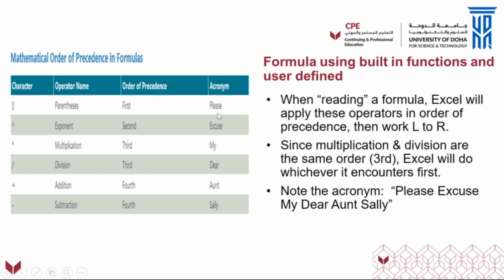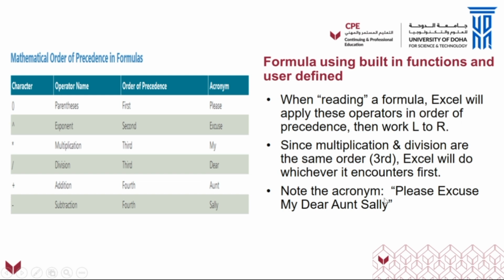There are many ways of remembering it. One acronym is Please Excuse My Dear Aunt Sally. Please represents parentheses, Excuse represents exponent, My represents multiplication, Dear represents division, Aunt represents addition, Sally represents subtraction.